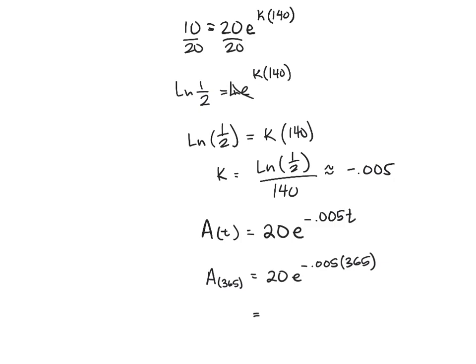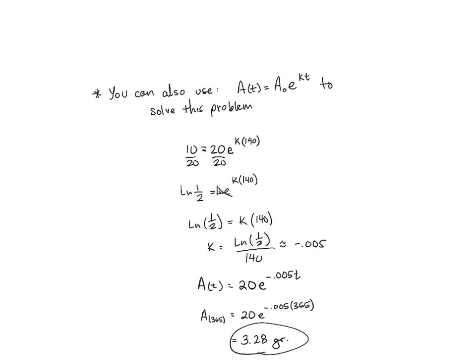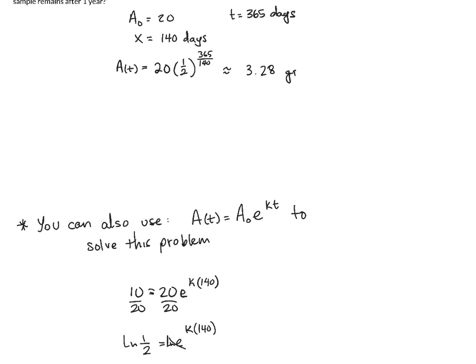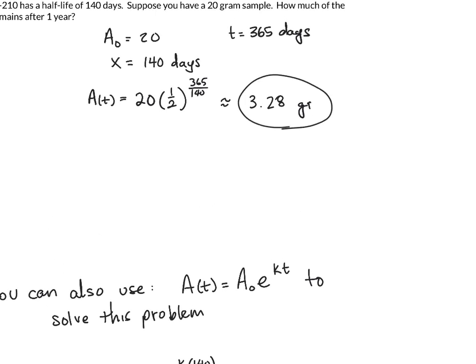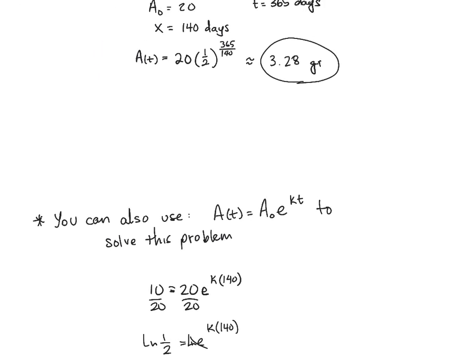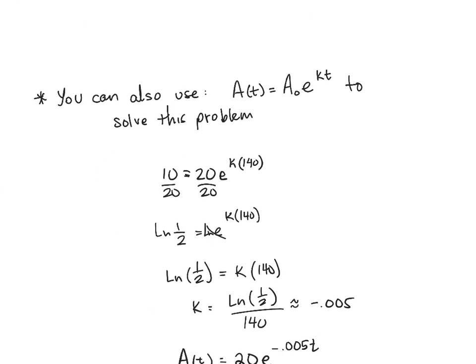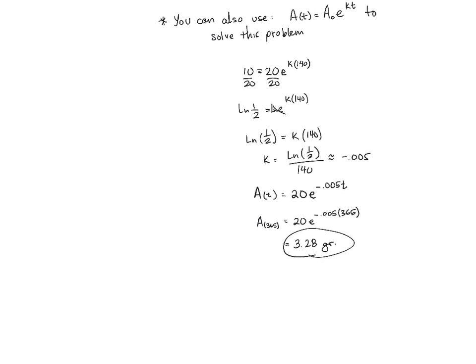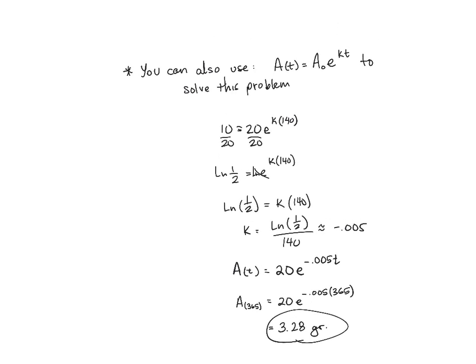And if you plug that into a calculator, you get about 3.28 grams, which is exactly what we got when we used the half-life model. So half-life or relative growth rate can give you the same solution there.